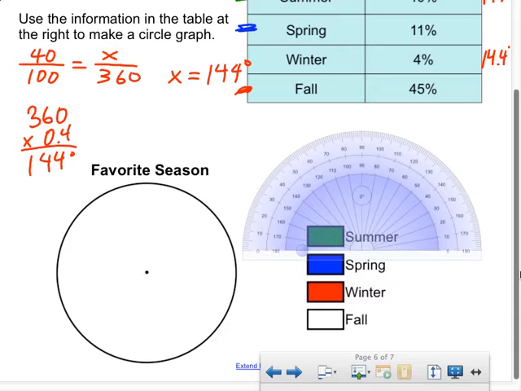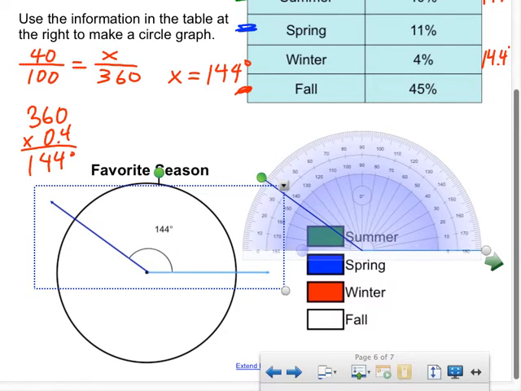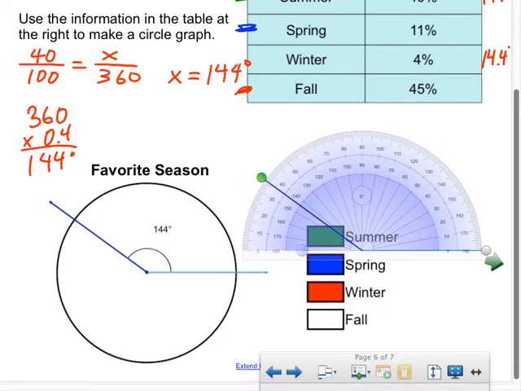And that first was 144. Okay, it's 144. All right, and then we know winter is 14.4.